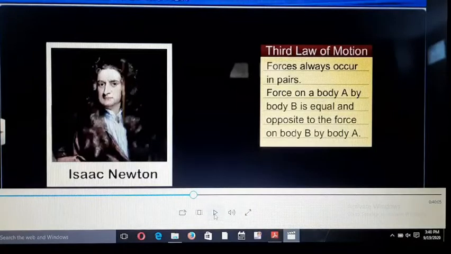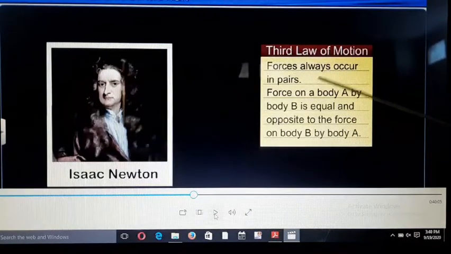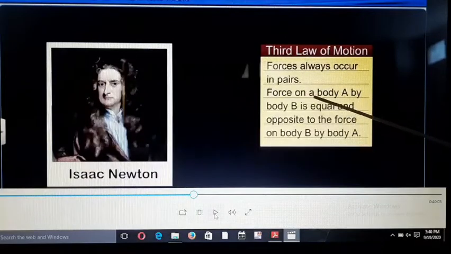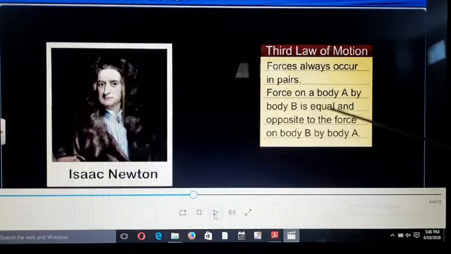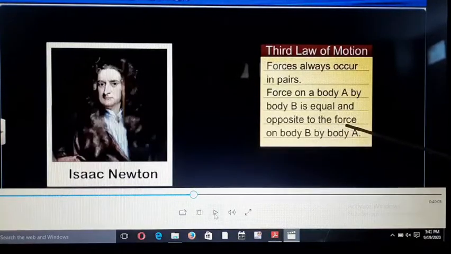According to Newton's third law, we can say that forces always occur in pairs. The force on body A by body B is equal and opposite to the force on body B by body A.